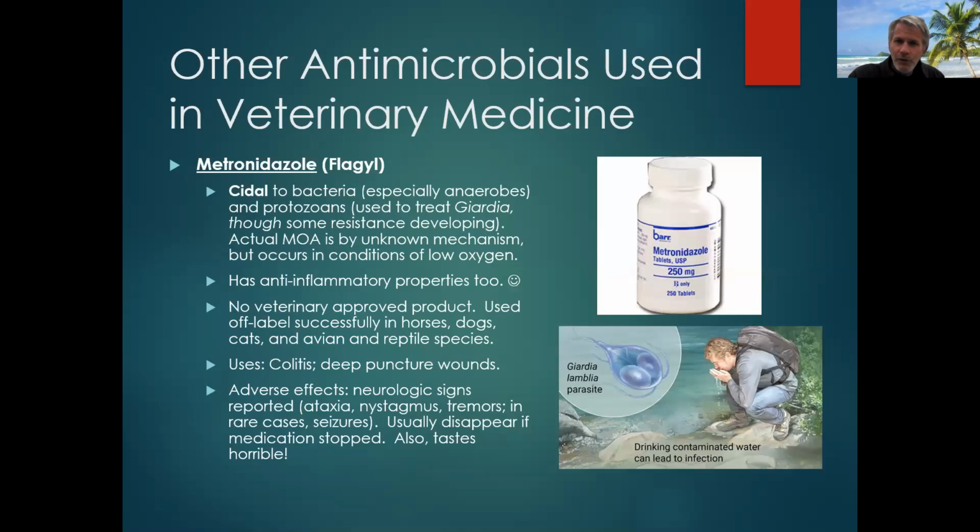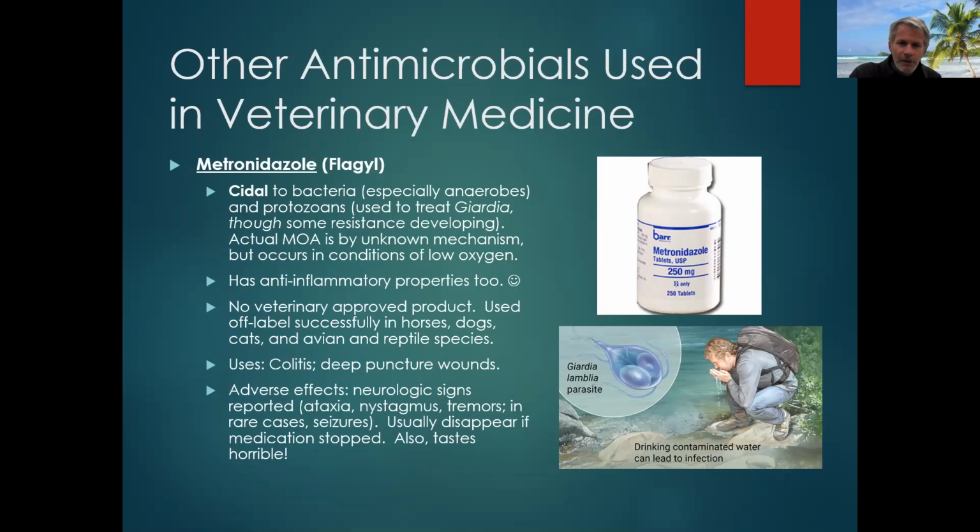Okay, so those are the macrolides. Next, we'll talk about, this drug is kind of in a category of its own. We learned about it when we learned about the antiprotozoals, when we learned about antiparasitics. It's metronidazole, also called Flagyl. It is bactericidal to bacteria, especially anaerobes, making it kind of like clindamycin.